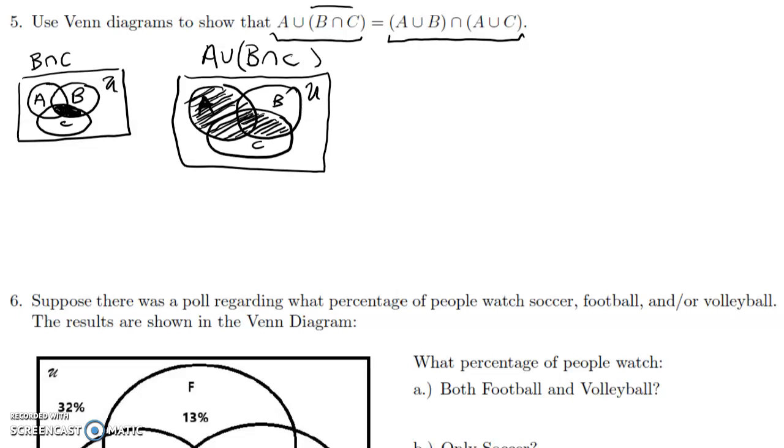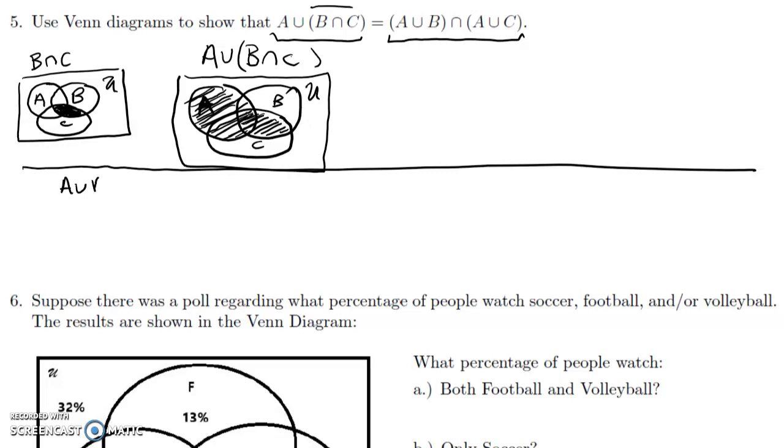Now let's try and take a look at our Venn diagram for the right-hand side. So look at this piece. We need A union B. So I'm going to make a diagram for A union B, and then I'm going to have to intersect that with A union C. So let's create a diagram for both of those so that then we can think about how to combine them together.